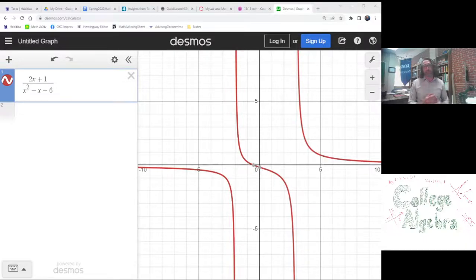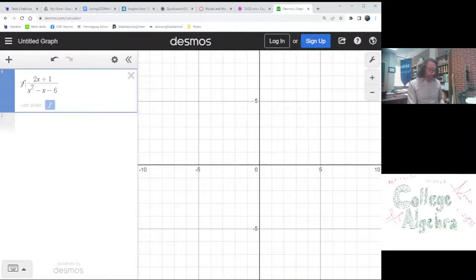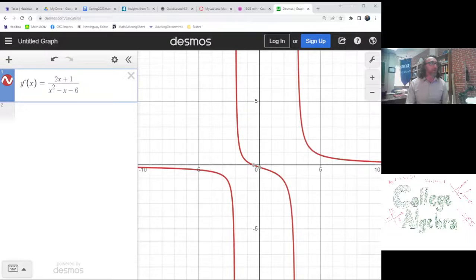In particular, vertical asymptotes. As we can see here on Desmos, I've got the graph of f of x equals 2x plus 1 over x squared minus x minus 6. We've got the graph over here, and we notice it has three disconnected pieces.